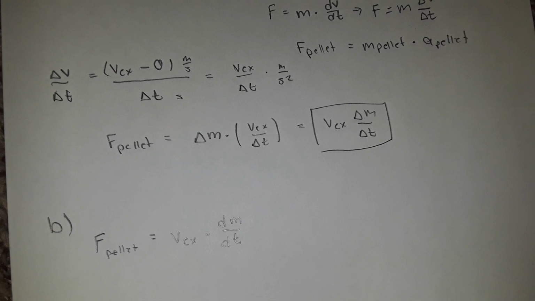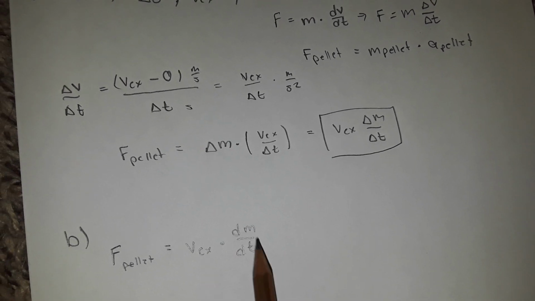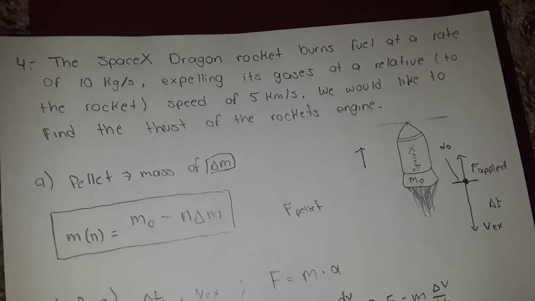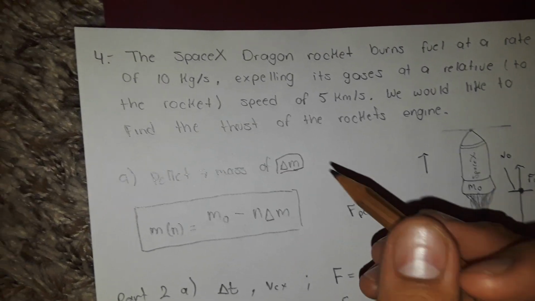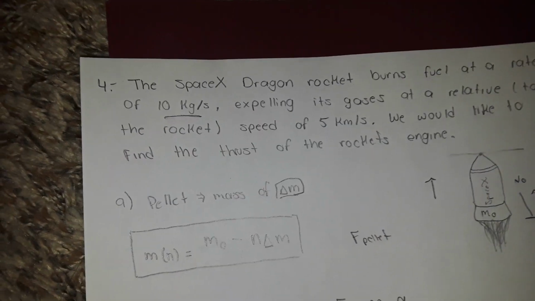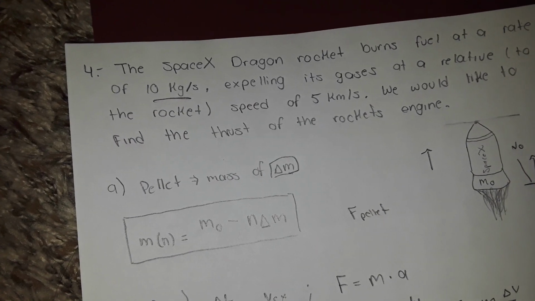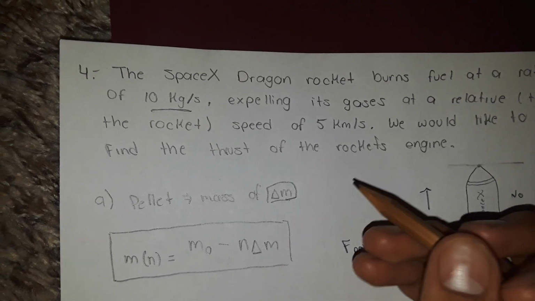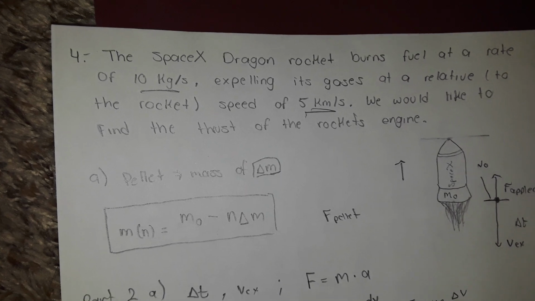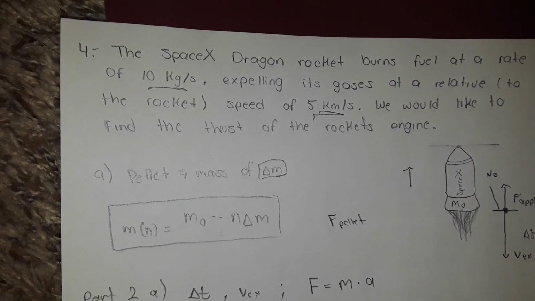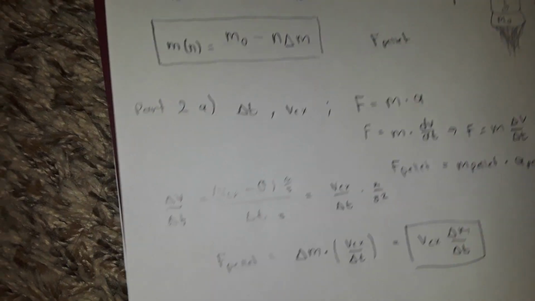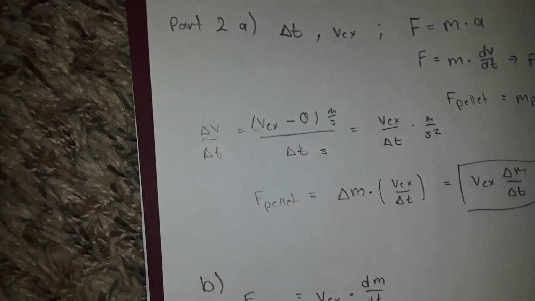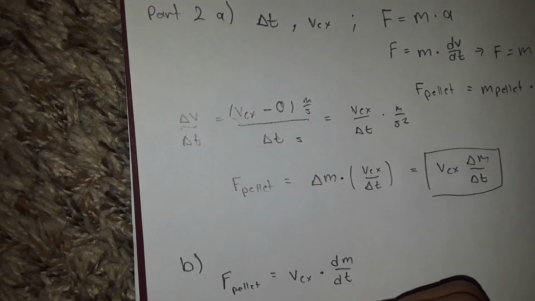Okay, so now we have this, and this is just what's given in the problem. The rocket burns fuel at 10 kilograms per second. This is a rate of change of mass with respect to time, and we also have our speed, which is our Vex. So we just plug this in. The force in this case, since it is continuous, becomes thrust.